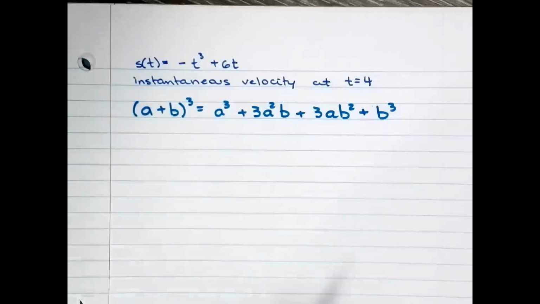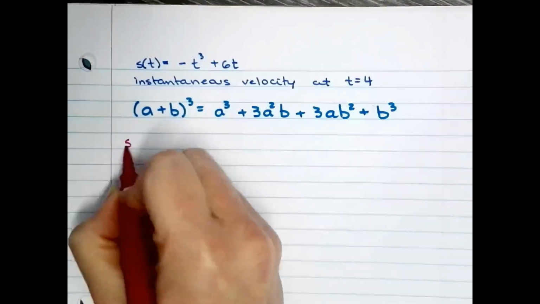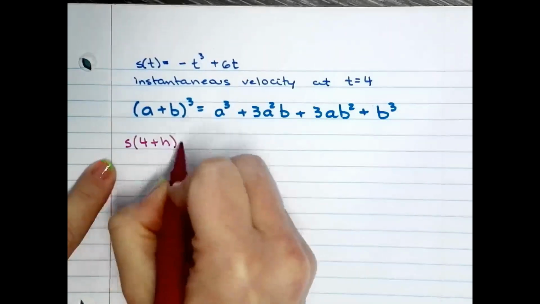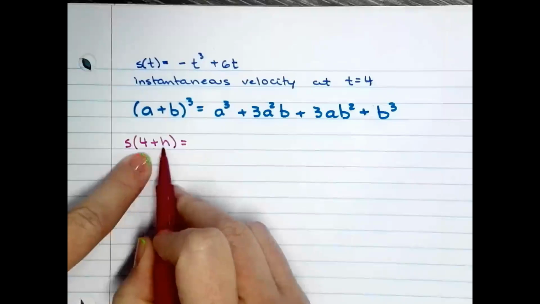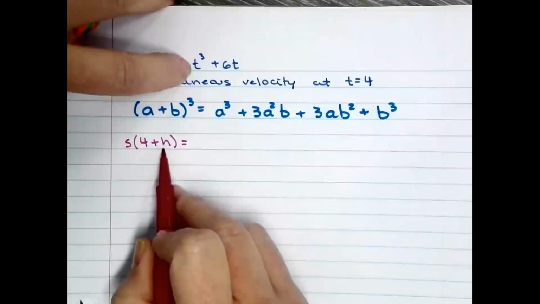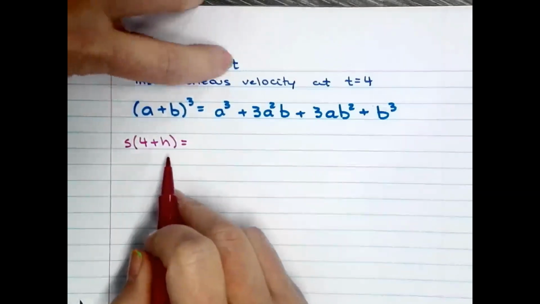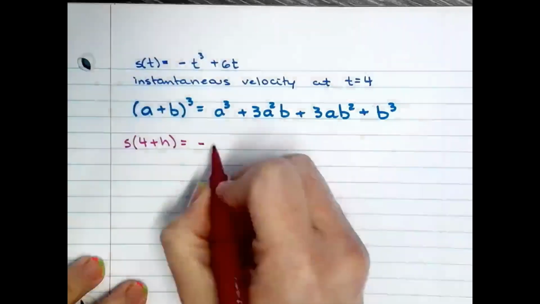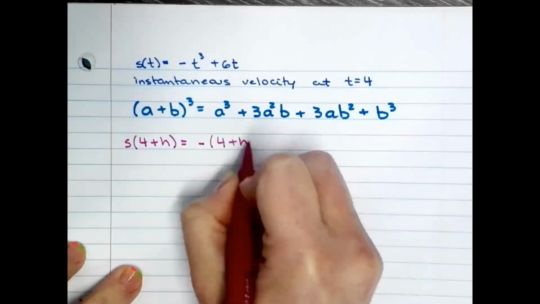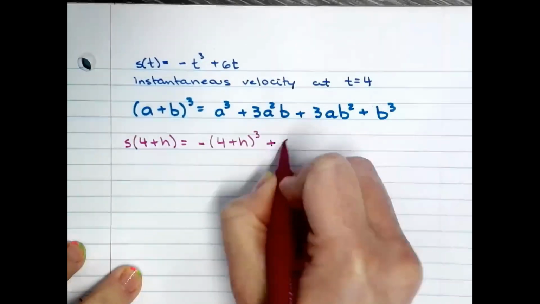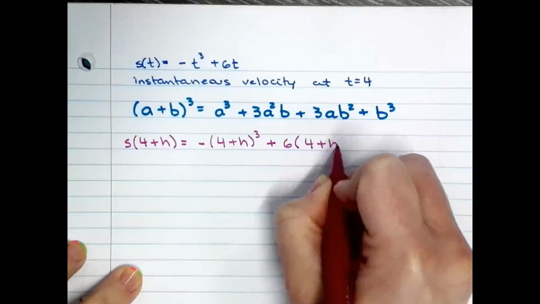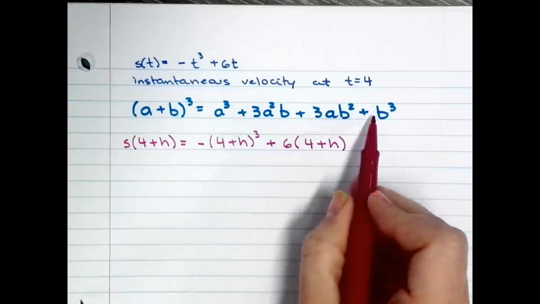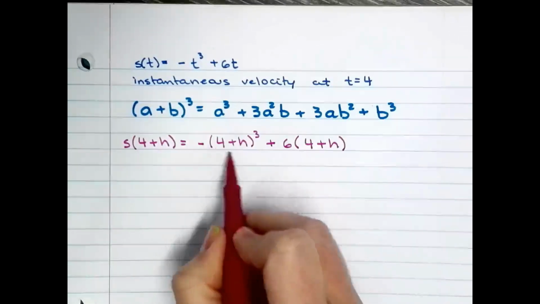Okay, so I have to find s of 4 plus h. So go ahead and substitute that for this h and also this t right here. Remember the negative. So right here, I will definitely apply this formula so I can expand this binomial.